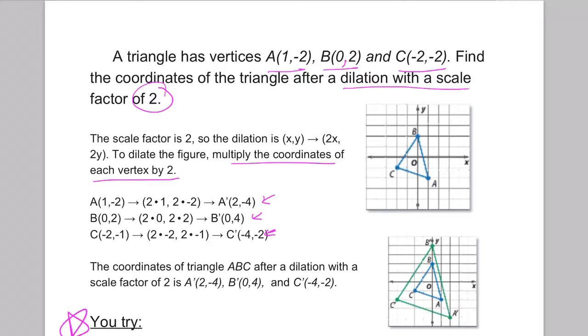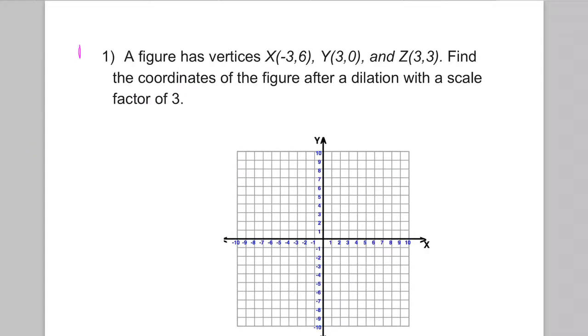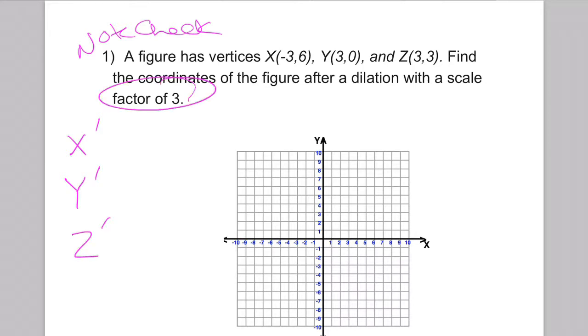Okay, you try. This is again on your note check. You're going to want to show me your graph when you're finished. You want to have an X prime, a Y prime, and a Z prime. You are multiplying by a scale factor of 3, so everything times 3.